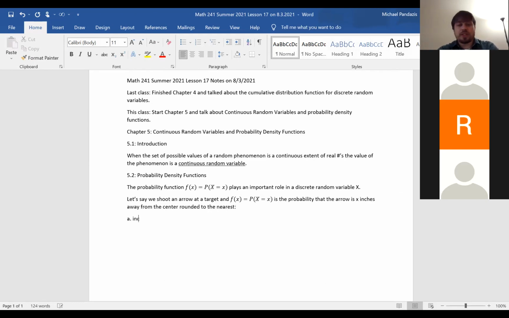And so for each one, we're going to choose a different measurement. So for A, we're going to choose inch. Okay, so we have a target, and f of little x equals the probability that capital X equals little x is the probability that the arrow is little x inches away from the center, rounded to the nearest inch.